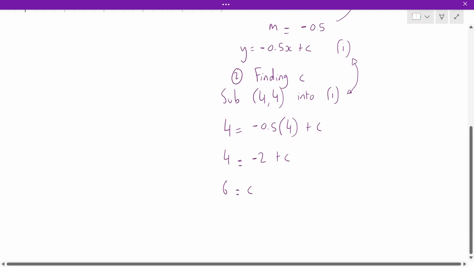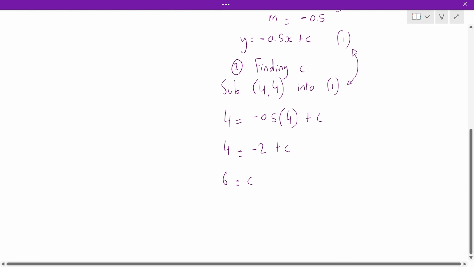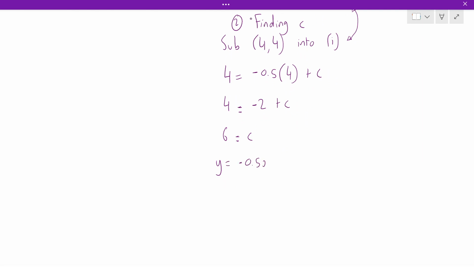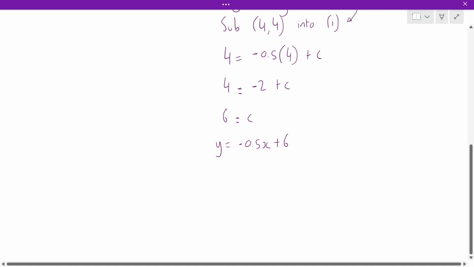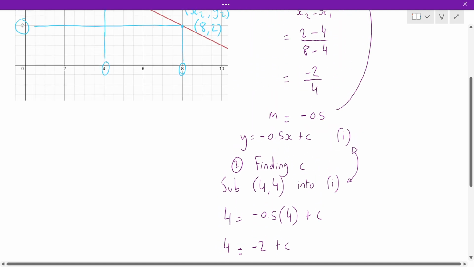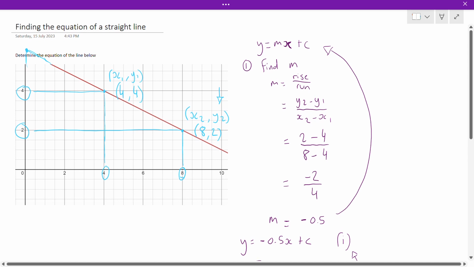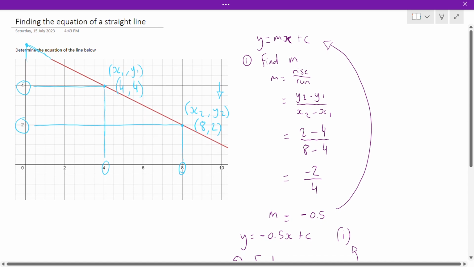Now if I substitute my c value into our linear equation, I should have the whole thing. y equals negative 0.5 x plus our c value, which we've just worked out, is 6. So there we go. We've just found the equation of a linear equation using a few substitution methods. Hope that was helpful.